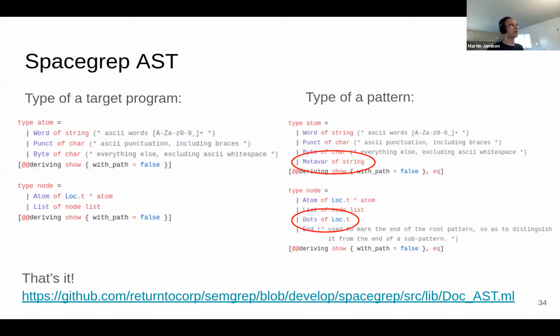On the right, we have the AST definition for a pattern, and you can see that we have these extra constructs for meta variables and dots. And yeah, we do support some meta variable matching in Spacegrep. And yeah, that's simple and nice idiomatic OCaml.